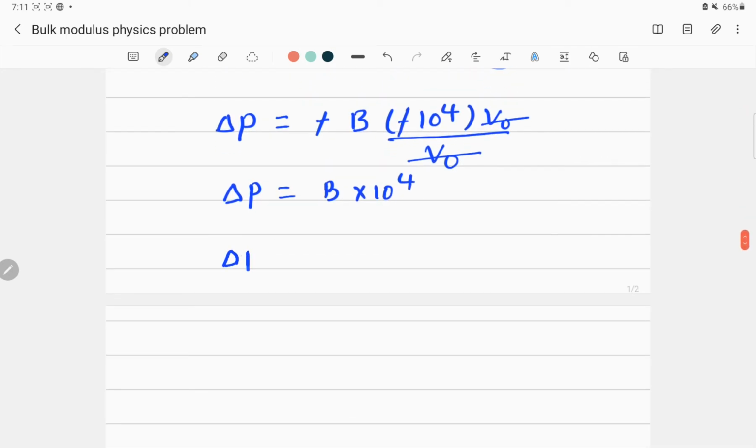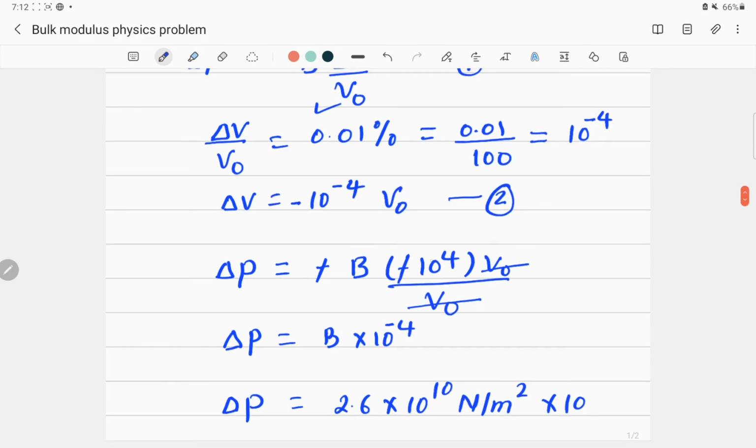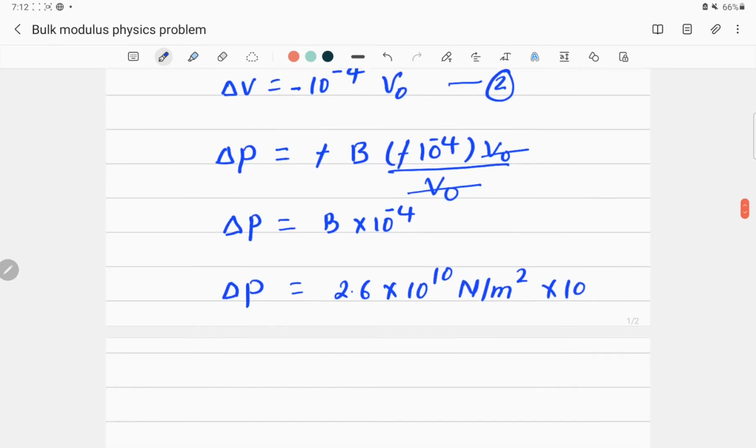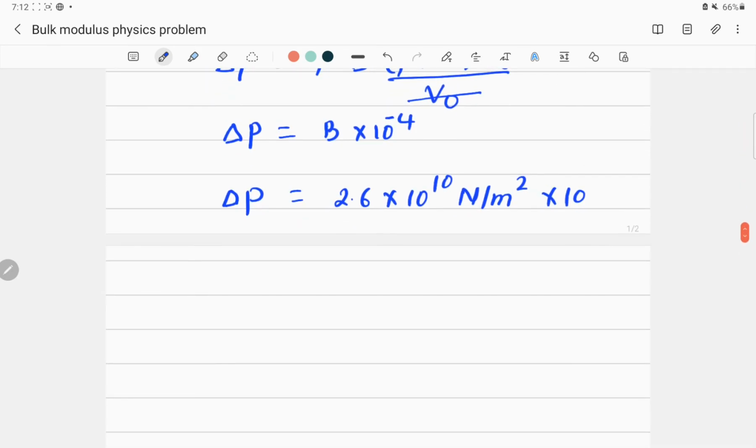So ΔP equals 2.6 × 10^10 newton per meter square multiplied by 10^-4. I put positive, sorry, that was a negative sign.